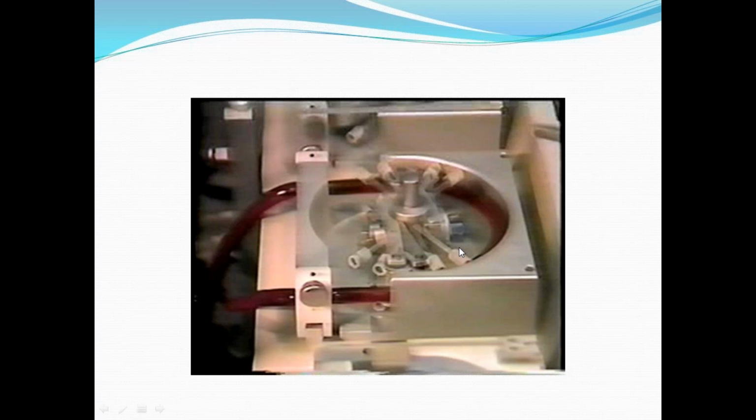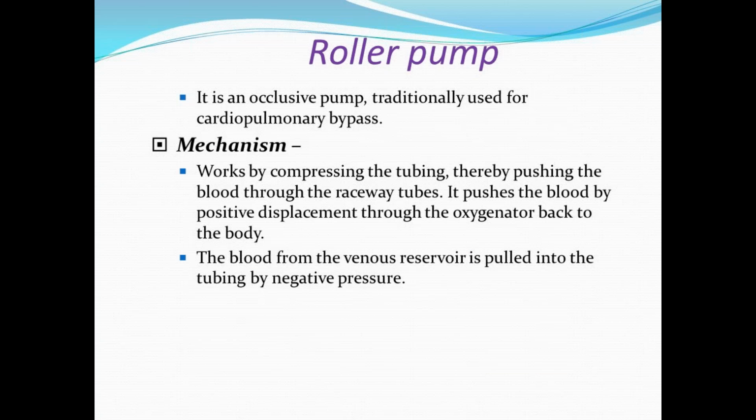So as Sir told before, Dr. Povani, the roller pump is an exclusive pump that is used in cardiopulmonary bypass, and it works by mechanical pressure displacing the tube. It compresses the tube and thereby pushes the blood along the raceway.